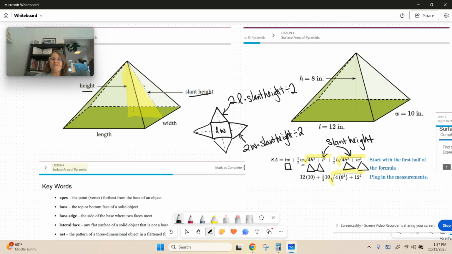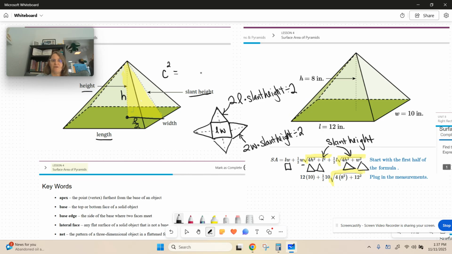So why the Pythagorean theorem? Well, a lot of the time we know the height. We know this length of the triangle is half the length of the base. See how it goes halfway across there? So this is the length divided by 2. And then the slant height, remember the Pythagorean theorem, that's going to be your c.